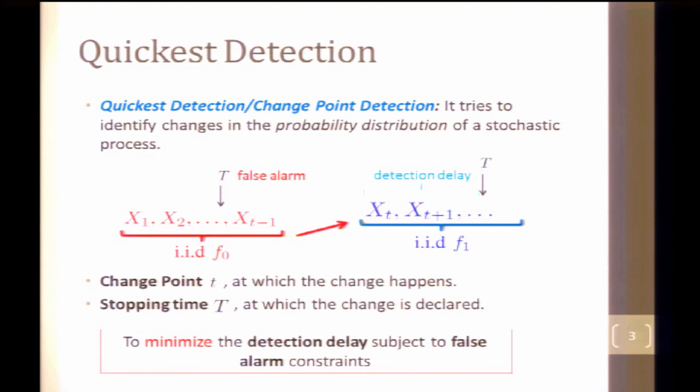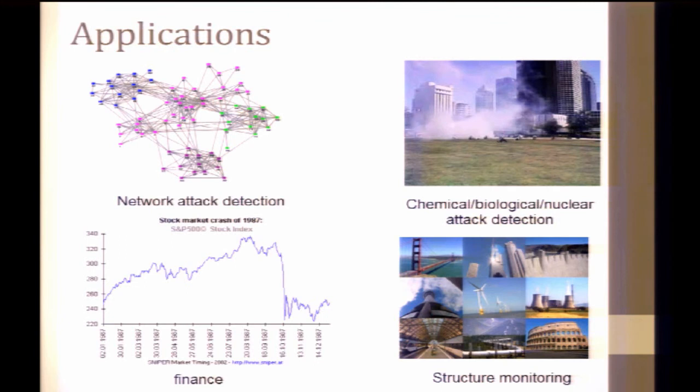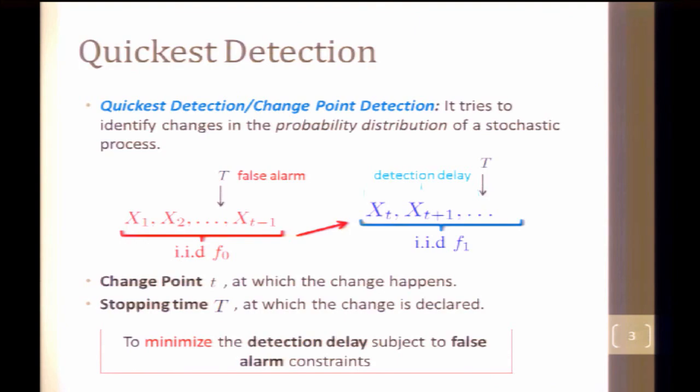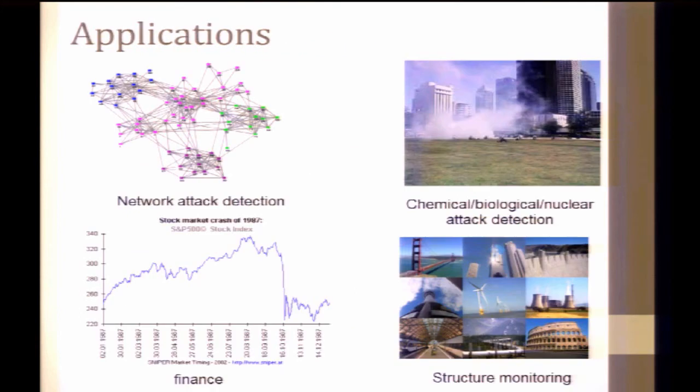So let me give you some applications for this technique. It has been used in a lot of different areas. The first one is network attack detection. You can think of x1, x2, and so on as the observations you observe from the network, such as the packet rate or the packet type.